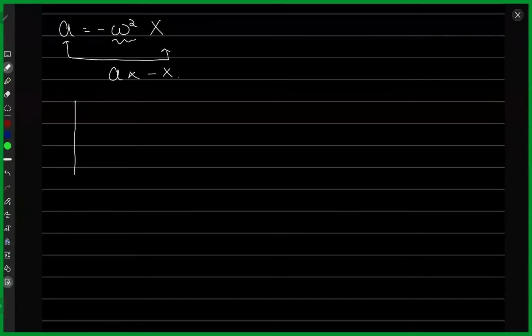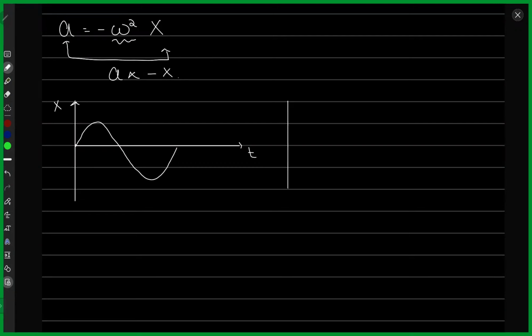So if I have a displacement time graph that looks something like this, suppose it looks something like this, then the acceleration time graph should look like a flipped version of this thing, right? Because of this negative sign, the maximum amplitude becomes the minimum amplitude.